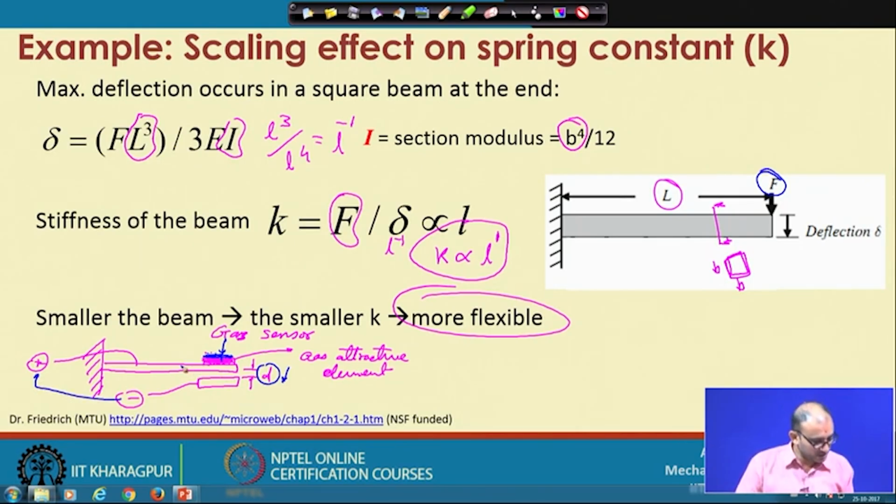This particular beam has a dimension of B by B, and this is the top area exposed to the gas. So, you know the area, and you know how much the deflection is. So, you can find out the concentration of the gas or that particular element in a particular environment. This is one of the examples. There are many examples like that, which you can use as a sensing element, gas element or actuating element.